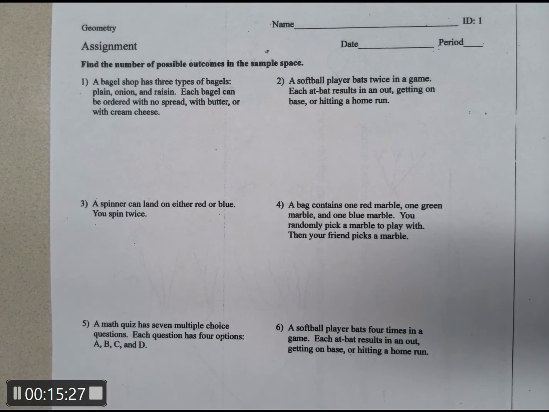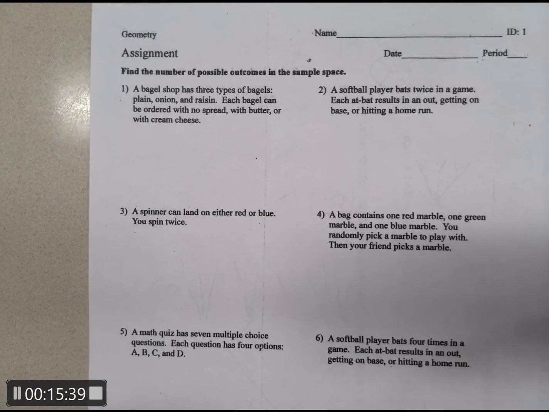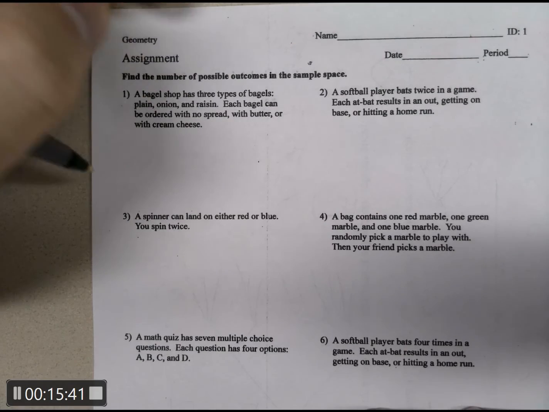Okay. So we're looking at this bagel shop. It has 3 types of bagels: plain, onion, and raisin. Each bagel could be ordered with no spread, butter, or with cream cheese. So if we wanted to do this, we can make a tree diagram.